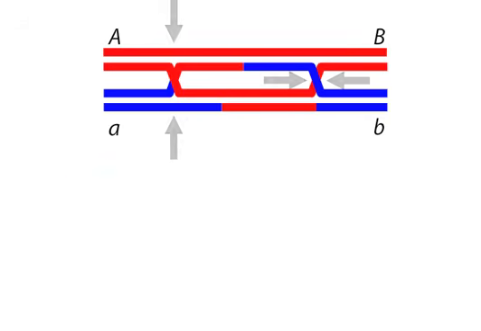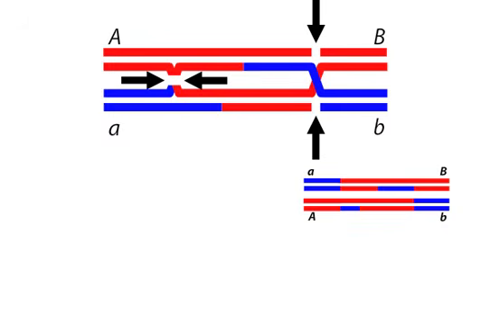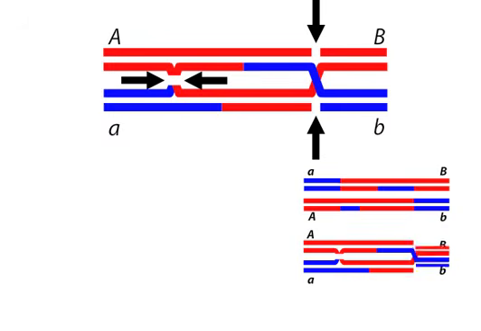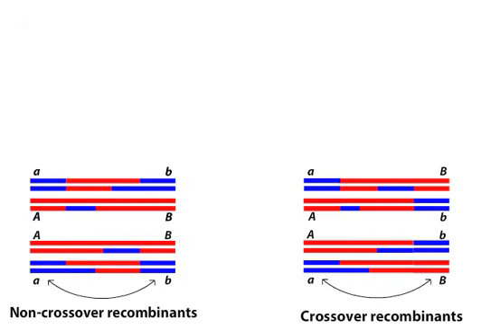The other 2 combinations generate crossover recombinants. All recombinants include heteroduplex segments.